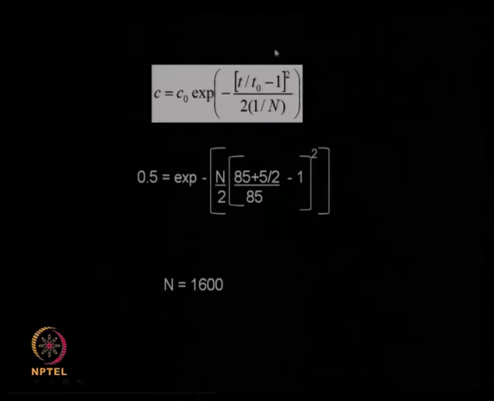So we are using C is equal to C naught exponent minus T by T naught minus 1 whole square divided by 2 into 1 by n. We know T naught which is 85, T is 85 plus 5 by 2, C by C naught is 0.5. So we substitute everything, the only unknown here is n, so we can calculate the n. So it is very straightforward.